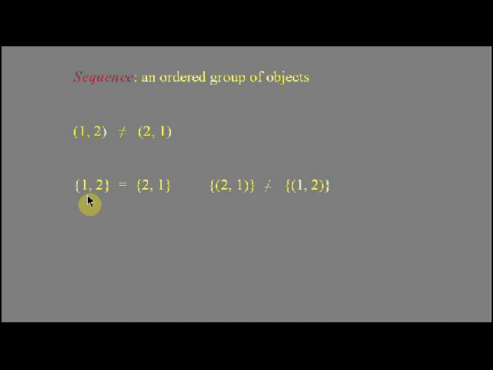And by the same token, while we say that order doesn't matter when it comes to writing out sets, so the set comprising the two positive integers 1 and 2 is the same as the set which comprises those two integers, even though they're written in reverse order, still the set containing the one object, which is the ordered pair (2, 1), and that ordered pair and the fact that it's a pair is signified by its inclusion in these parentheses, is not the same set as the set containing the one element, which is to say the ordered pair (1, 2).